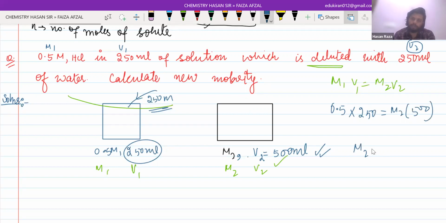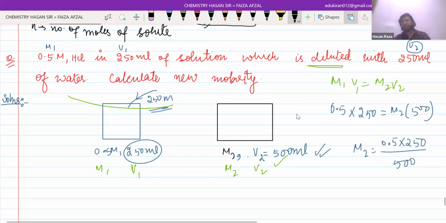So M2 will be equal to 0.5 into 250 upon 500. You don't need to change it into liters. If you change it, that will not affect the result, but it will take your time. Both are in ml, so it will cancel. That's why we don't need to change here. ml here and ml here will cancel.